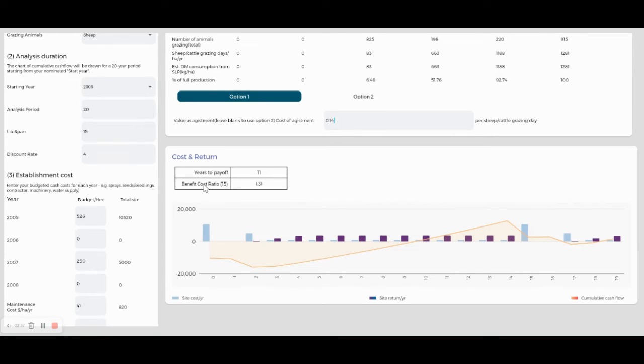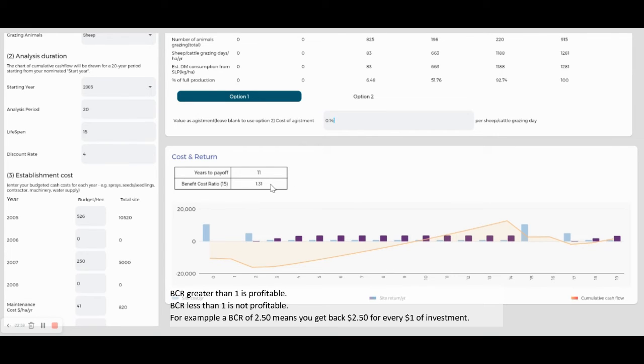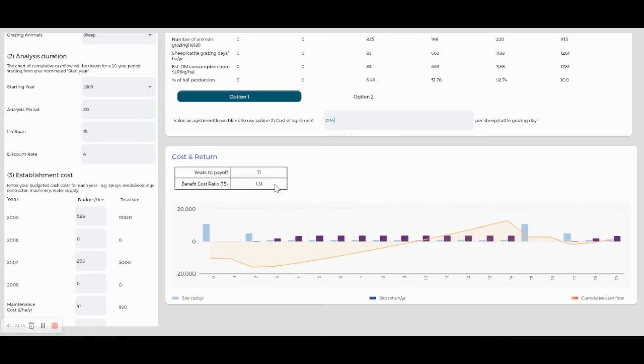The benefit cost ratio is another output from the tool. So benefit cost ratio is the ratio of the income you earn relative to the expense that you've incurred after you've allowed for interest. So in this case, it's saying your income is 1.31 times your expense.